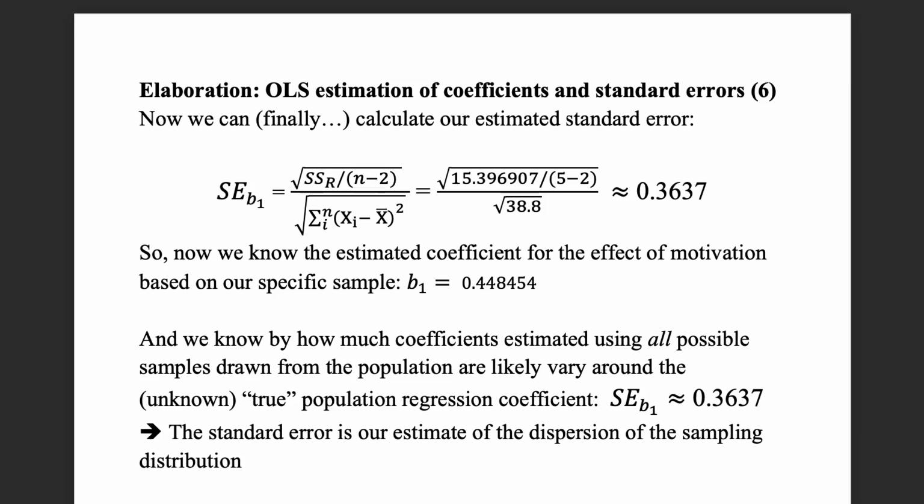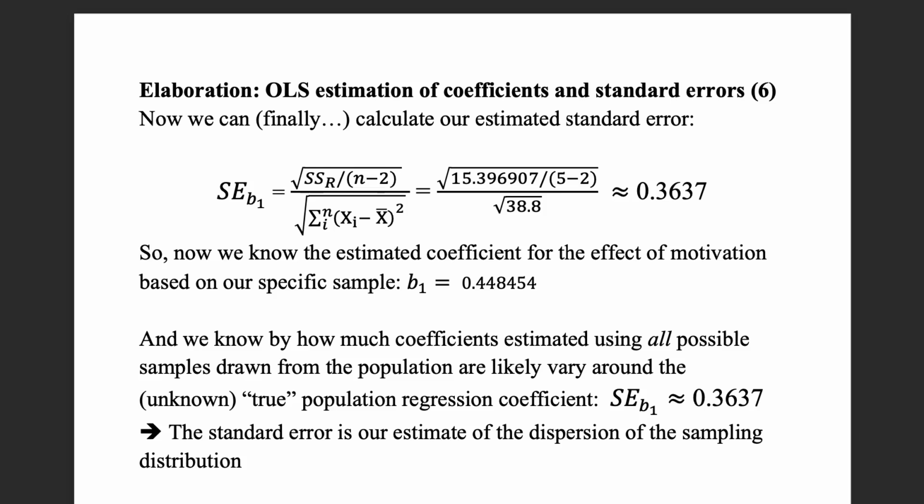But what it tells us is basically how dispersed that sampling distribution is. If all the individual regression coefficients that we could get from all possible samples are very, very close together, we get a small standard error. And that also means that each individual regression coefficient is quite likely to be quite close to the value of the true population coefficient.